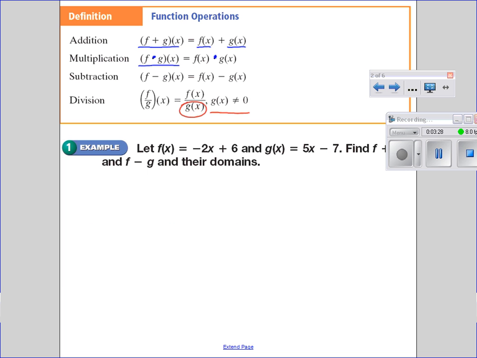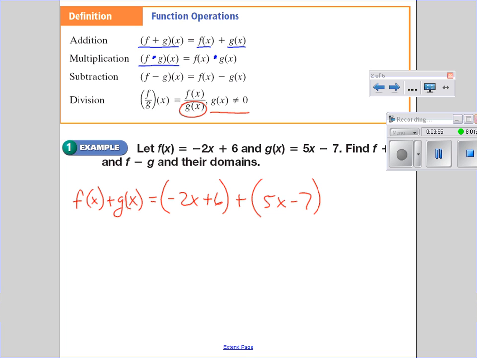So let's go ahead, and if I add these, let's just go with f of x plus g of x as our notation. Now I just need to plug them in. Plus the quantity of g of x, the whole thing. And in this case, we've done polynomials combining like terms and everything.